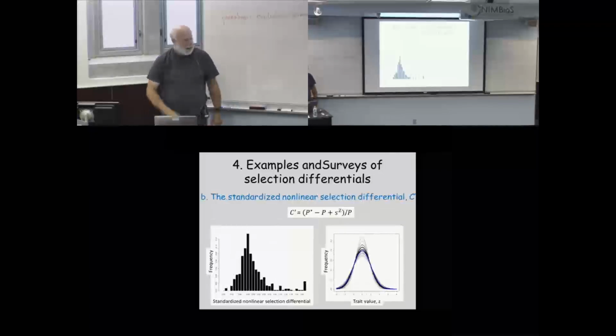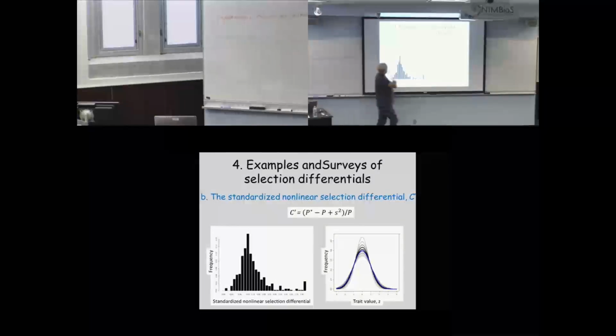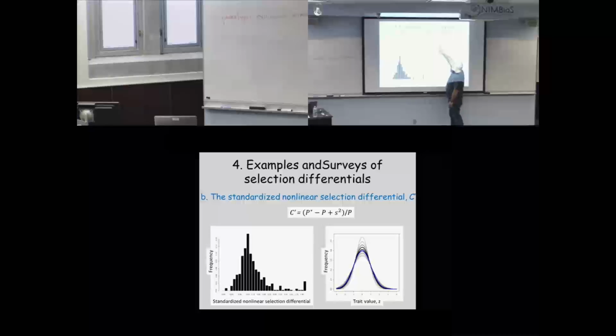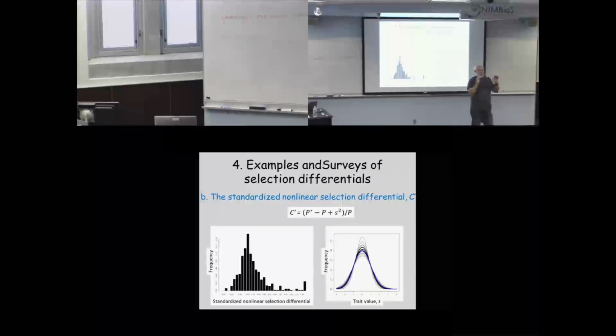All right. Now, if we do the same thing with our standardized measure of the shift in the variance with this correction term, let me tell you what that is. Here we're correcting for when just directional selection acting on the distribution will also contract the variance. And so that's apparently what's going on here.